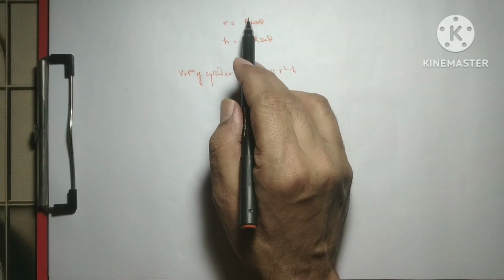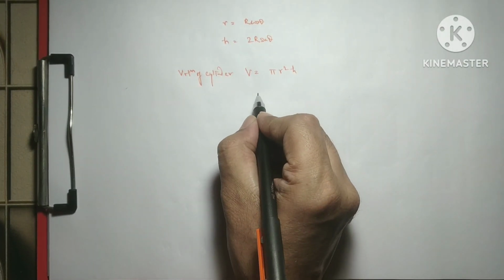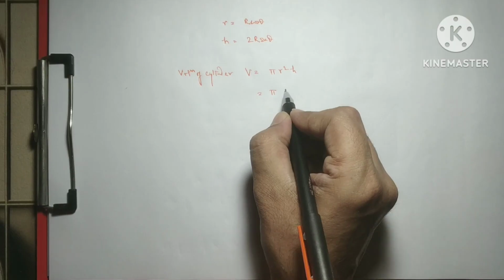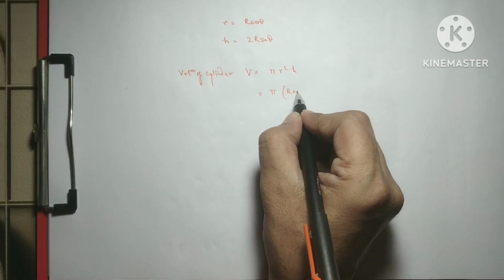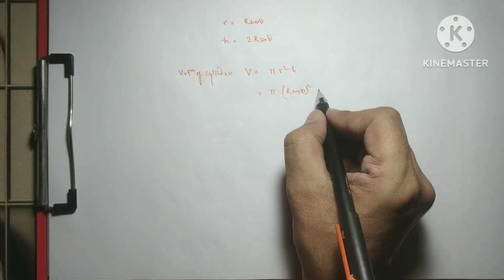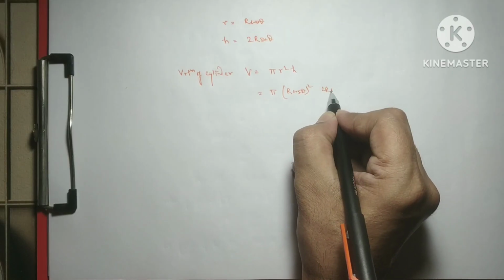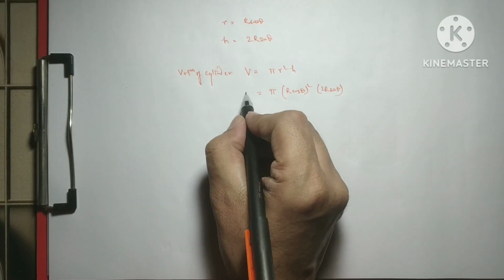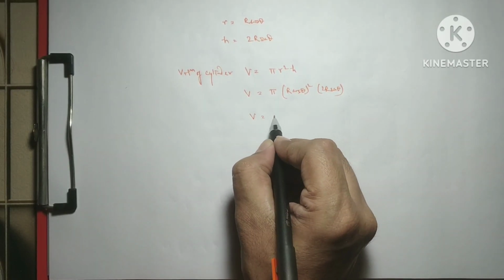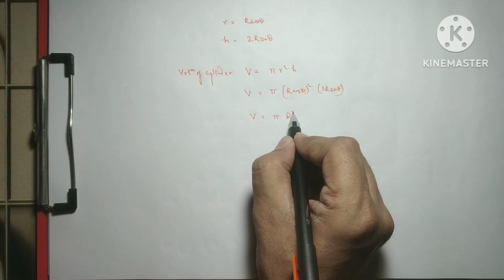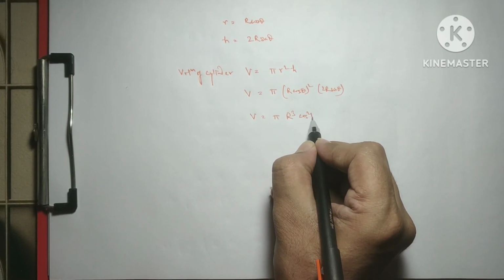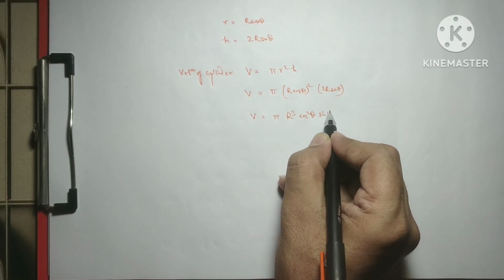We put the values in this expression: pi (r cos theta) square times 2r sine theta. So V equals 2 pi r cube cos square theta sine theta.